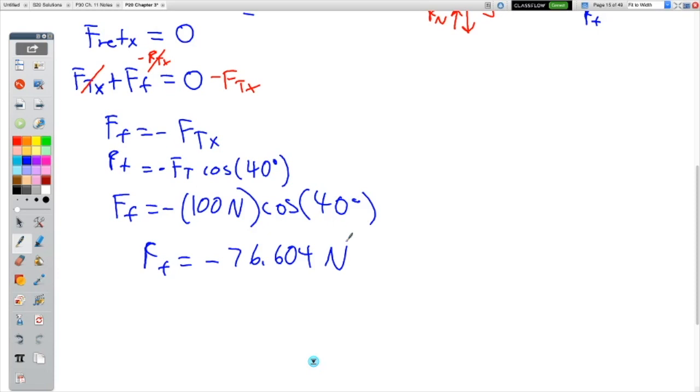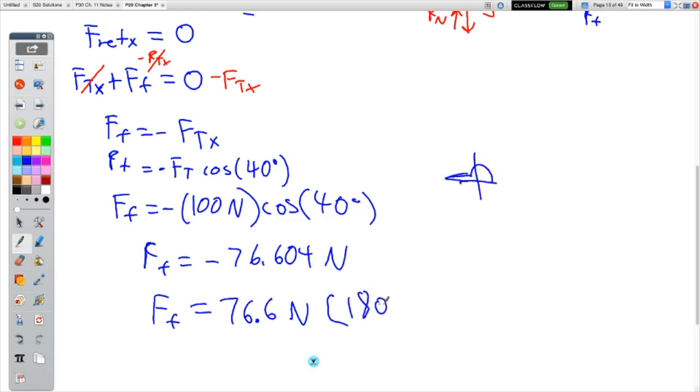Think about what you're getting along the way, and if that makes sense, if it agrees with what you know to be true based on the physics. So the force of friction then is equal to, let's go ahead and give that negative a direction, 76.6 newtons. I would say, right, it's this way, okay? It's perfectly that way, so that's 180 degrees.